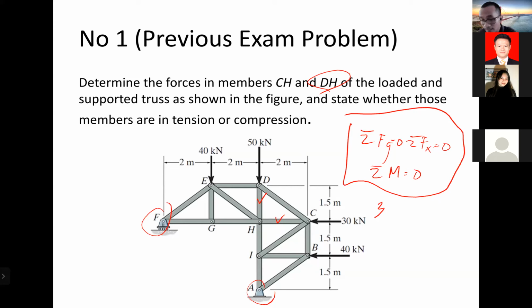So in this, we use section method to find CH, and we use join method to find DH. Correct. You can do it that way. So like this, this is the first cut. Then you can solve for CH, you can solve for DC, right?